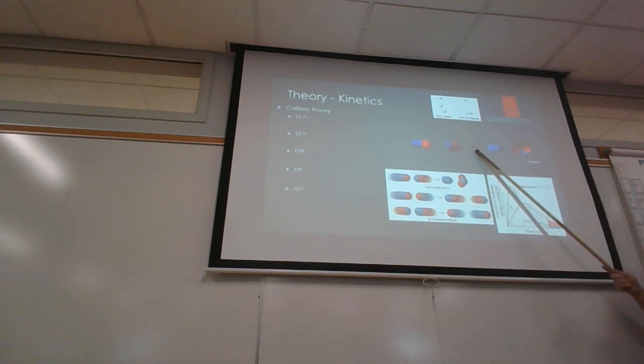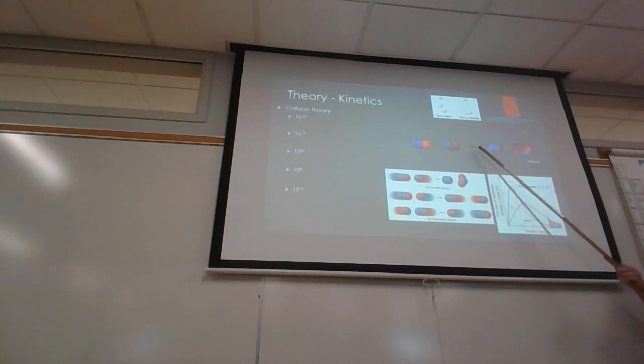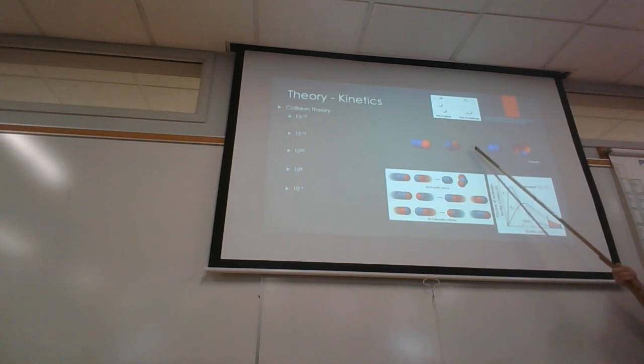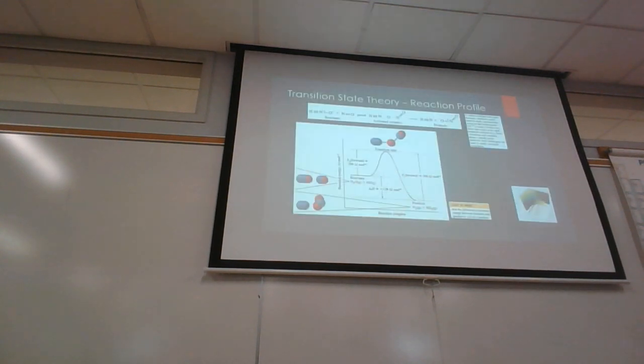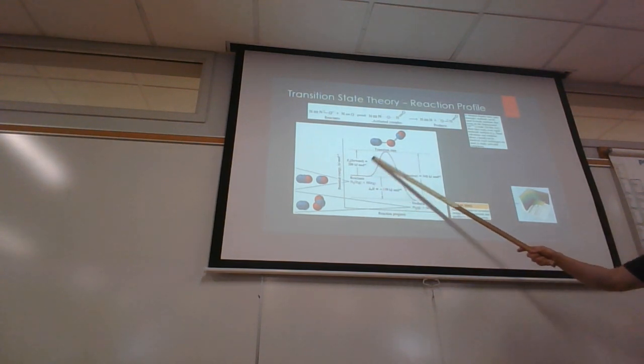If it happens in multiple steps, then it's not an elementary process. It's not a simple collision. But we don't know that just by looking at this. We can assume that it is, or we can assume that it isn't. Normally you're told if it's an elementary process or a simple collision. In this case, we're told this just happens in one step.